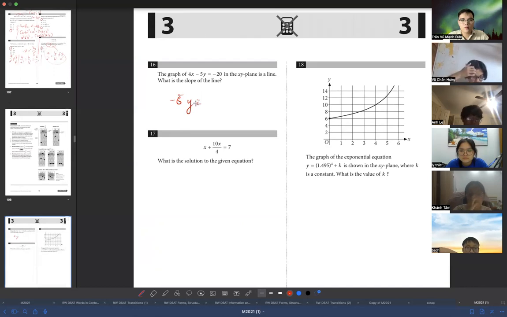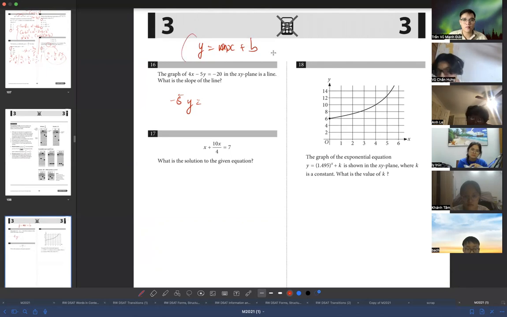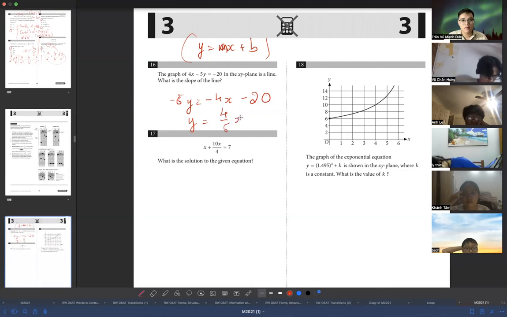And minus 4x. You move x to one side and you convert this to the form mx plus b. You move this back to this form and you have minus 4x minus 20. So you get the slope, minus 4 over minus 5.